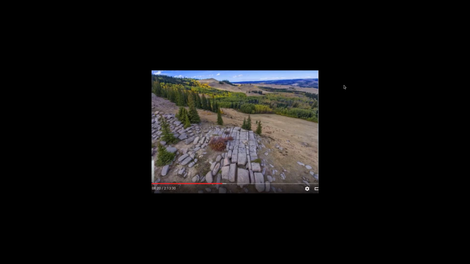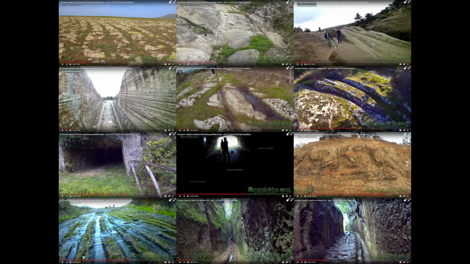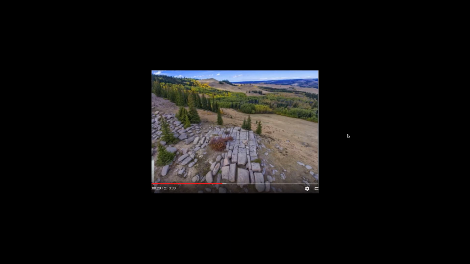Okay, so I present this and the previous examples in relation to this vehicle tracks phenomenon. So we've got these fields of what look like some type of vehicle tracks, which I do not think are any kind of vehicle tracks, but we'll get to that in a minute.